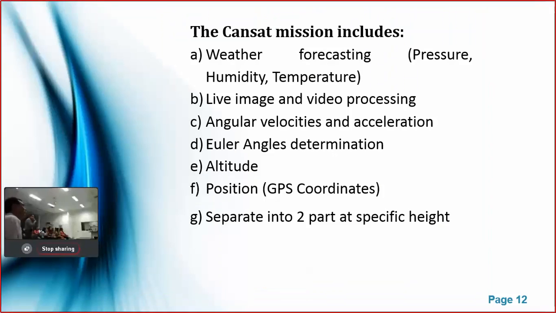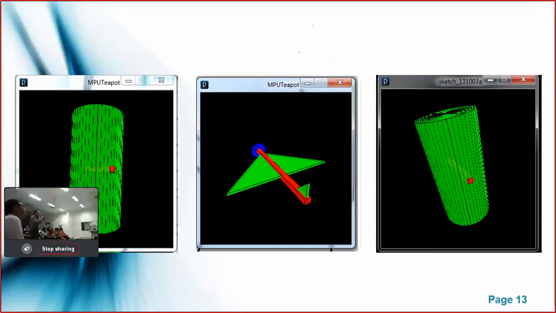Third point is angular velocities and accelerations. Now we have a simulation of using an IMU sensor to determine both the angular velocity and angular acceleration, also determining the Euler angles.